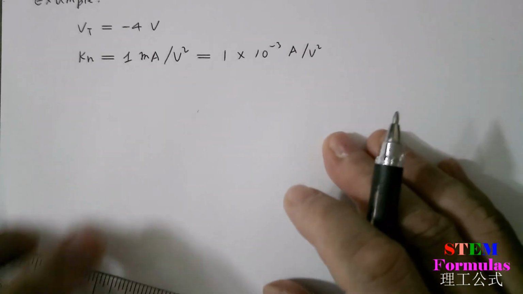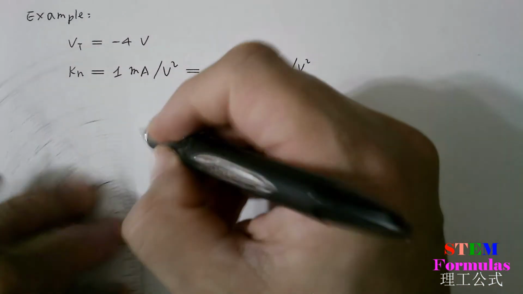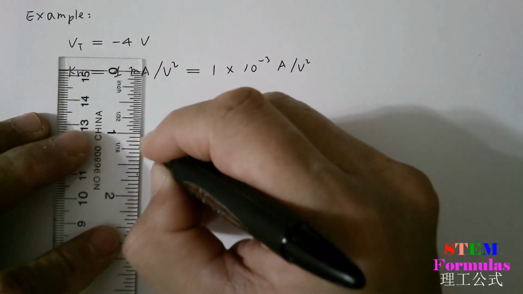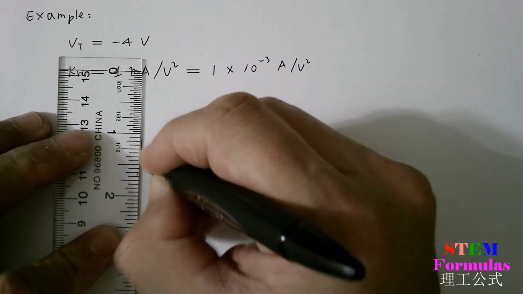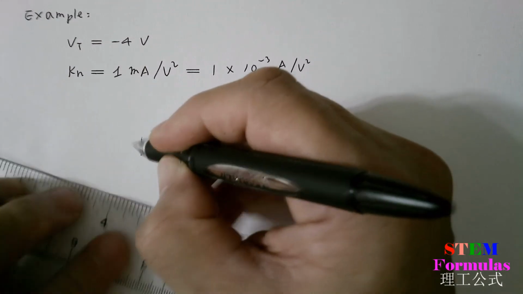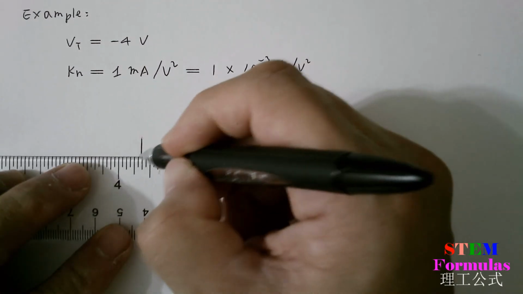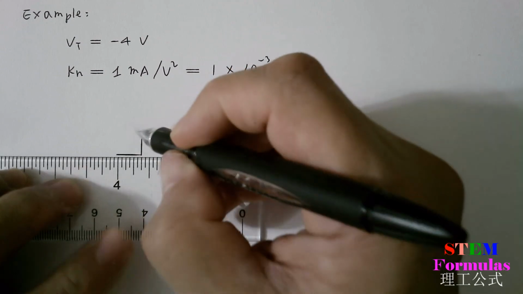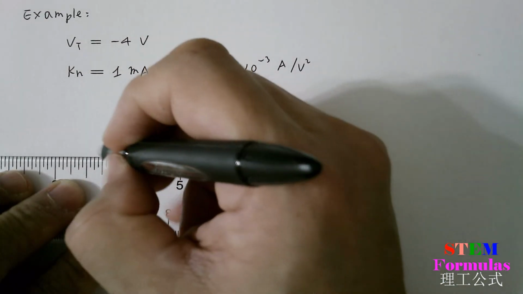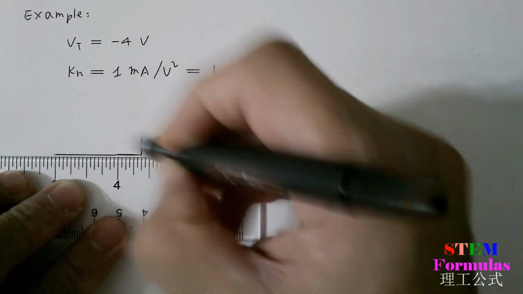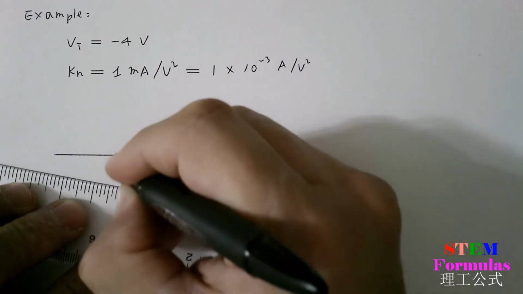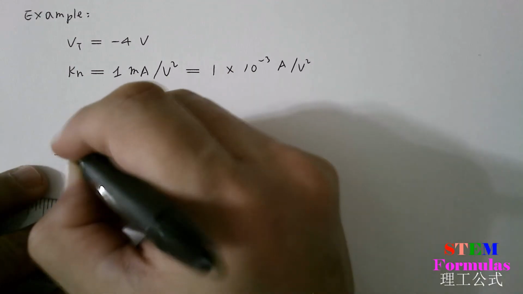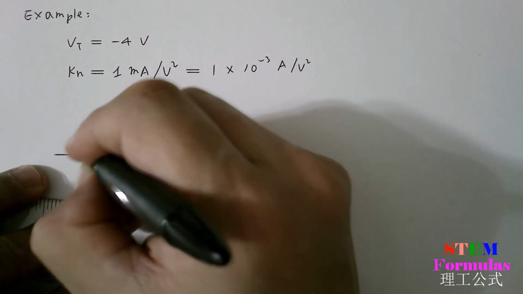The circuit is this. Okay, I write down the circuit. The circuit is a characteristic circuit. This is G, gate, and Ig equal to 0.